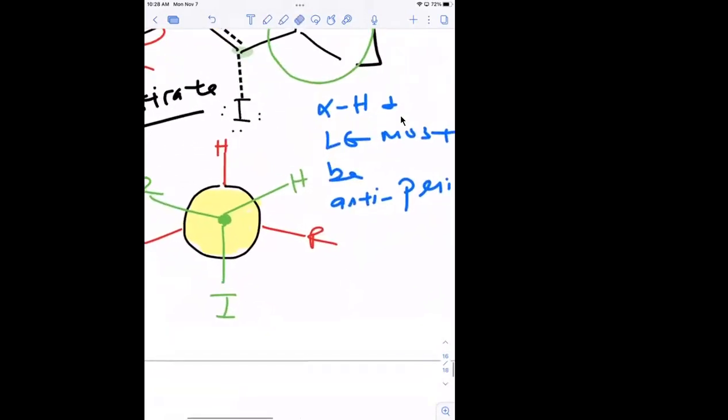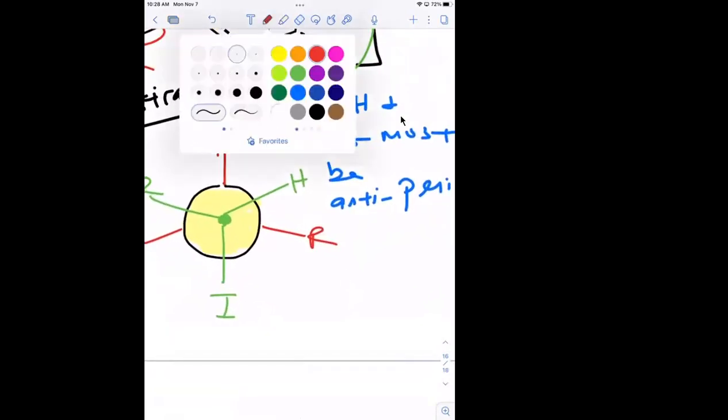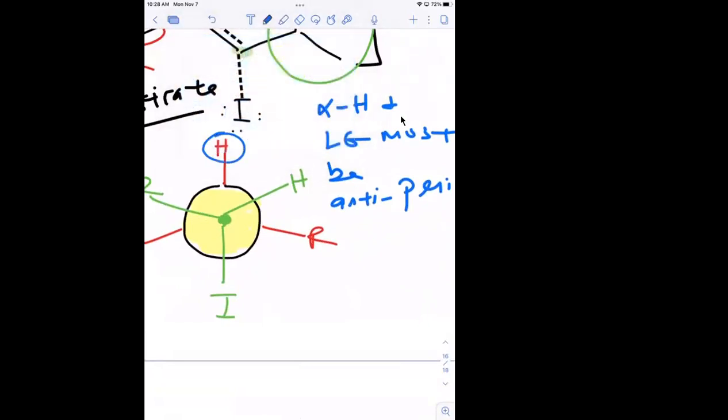That this hydrogen, the one that's getting pulled off, and this iodine have to be in this anti position. Like the iodine has to be 180 degrees away from that hydrogen.